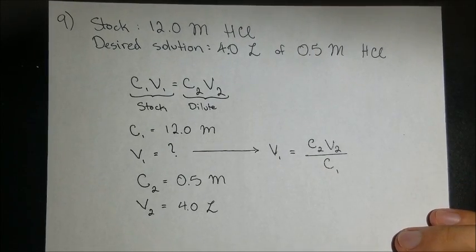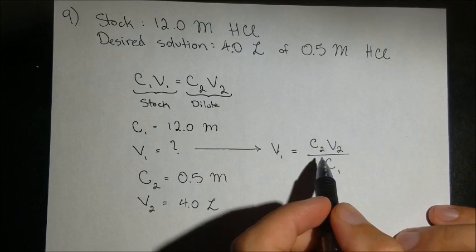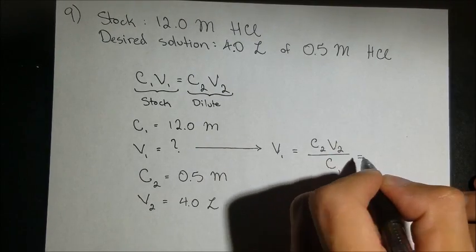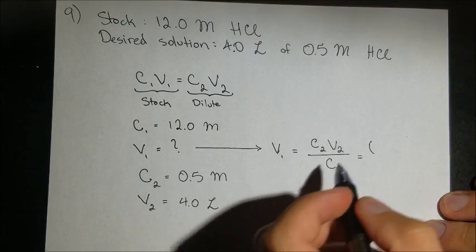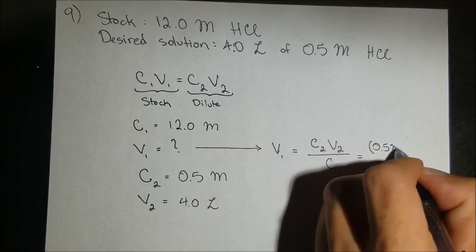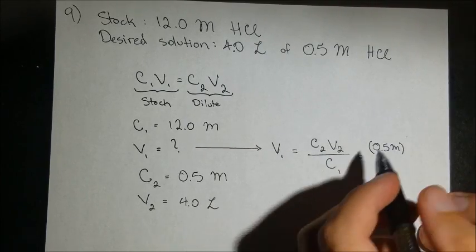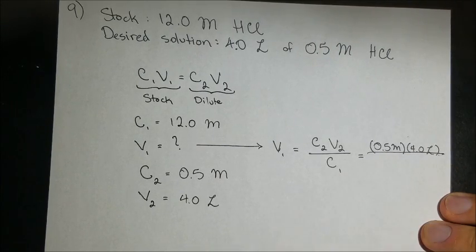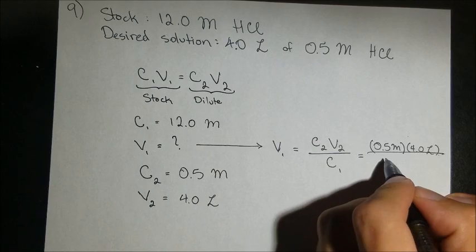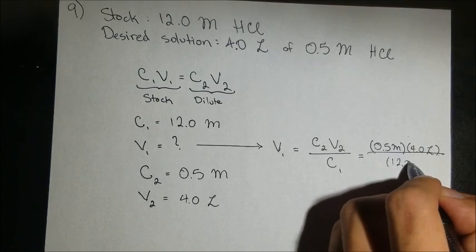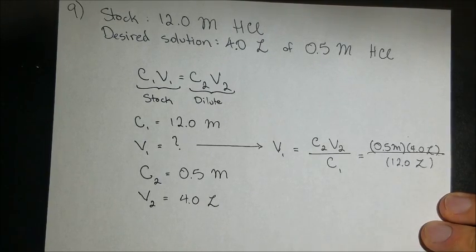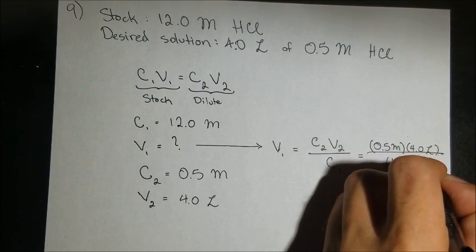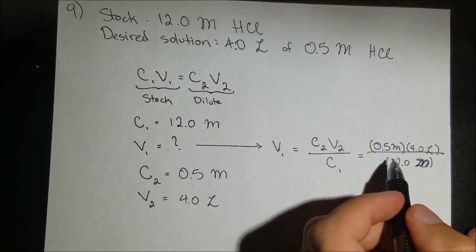All I've done here is divide both sides by C1. And now let's plug in our numbers. C2 is 0.5 molar, and V2 is 4.0 liters. And we're going to divide that by C1, which is 12.0 molar. It's a concentration.